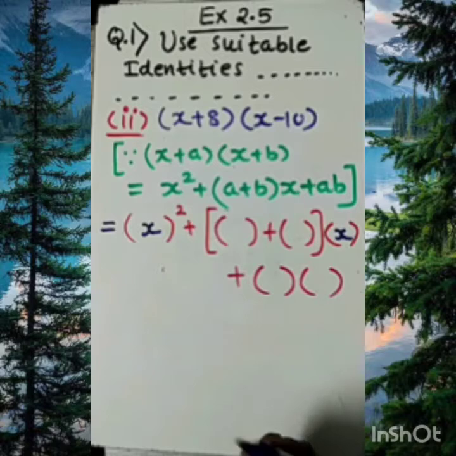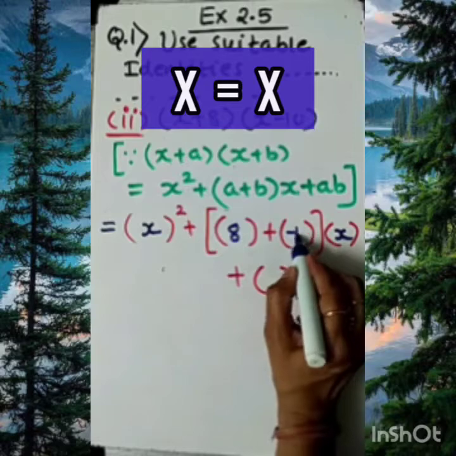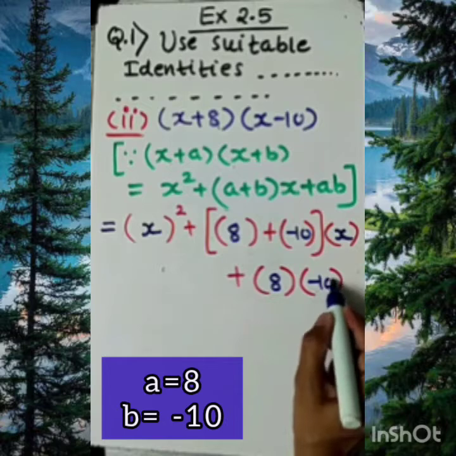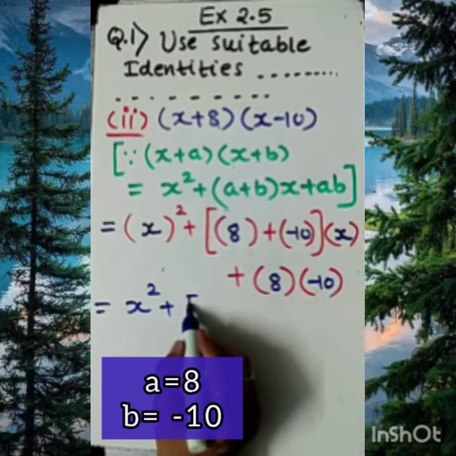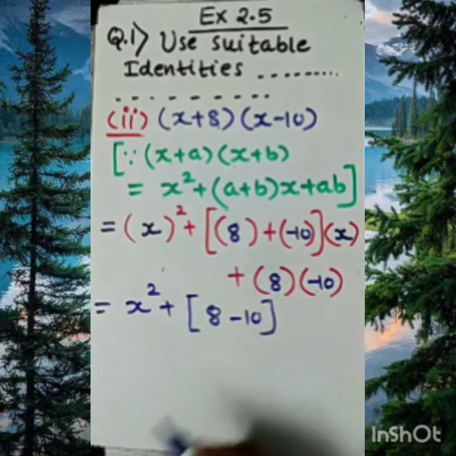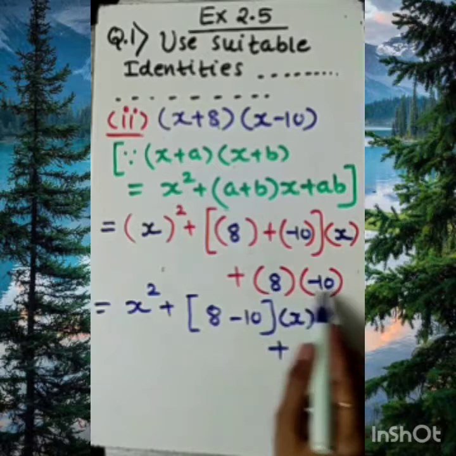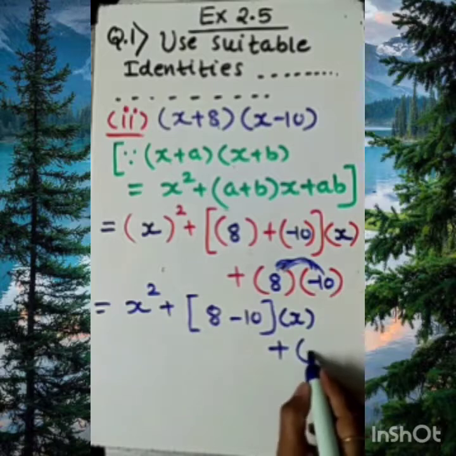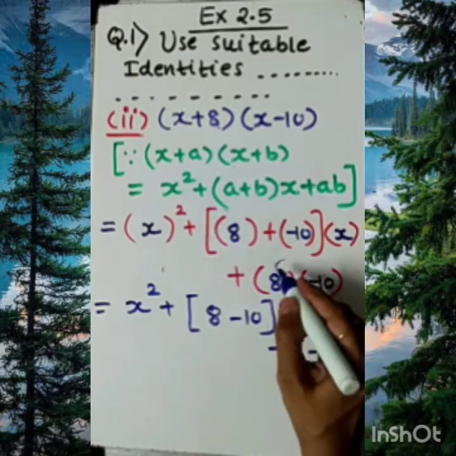What is a? a equal to 8. What is b? Minus 10. So dear student, the next step will be x square plus in bracket 8 plus minus 10, along with this x, and the product of 8 with minus 10 gives the result minus 80.